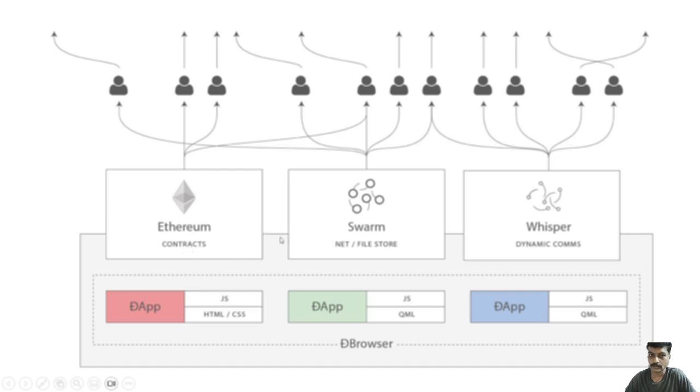The contract execution happens, and Swarm is something like IPFS, where you have the file stores and persistence mechanisms, where whatever has to be added in the form of key-value pairs is stored and managed. And Whisper is a communication mechanism that happens between different EVM nodes here. So that's how it is.